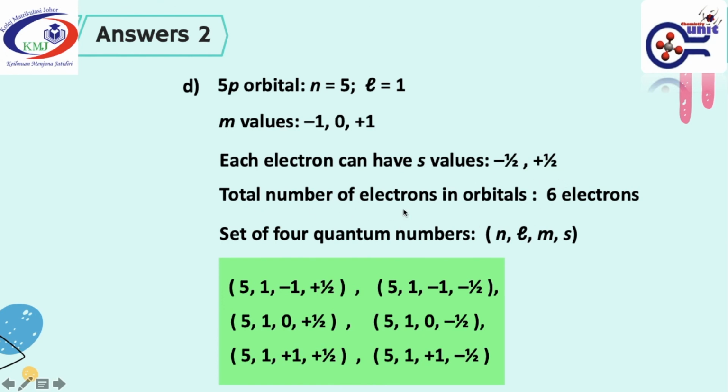The total number of electrons in the orbitals is 6 electrons, because one orbital can hold a maximum of 2 electrons. The set of quantum numbers is in brackets n, L, m, and s. So these are the sets of quantum numbers for the 5p orbital.